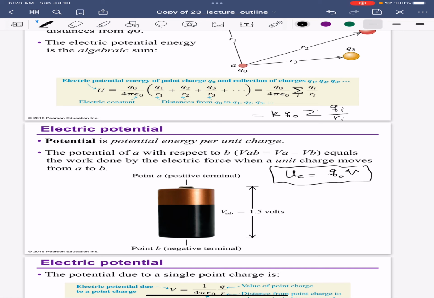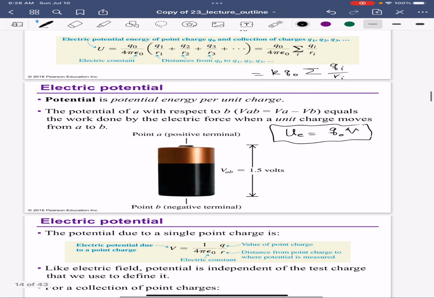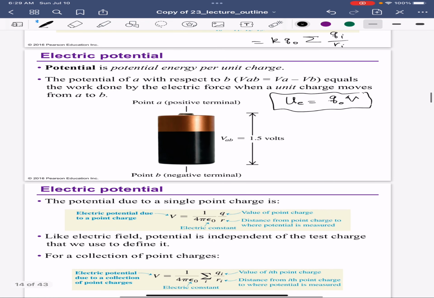The potential of A with respect to B is VAB, which is VA minus VB, and that equals the work done by the electric force when a unit charge moves from A to B. This is a source of electric potential, a battery with positive and negative terminals, where the difference between the two terminals is 1.5 volts. These are the dry cells that we use all the time.